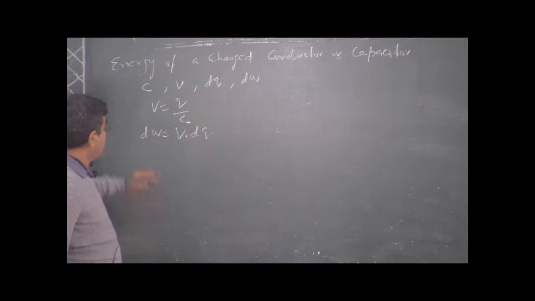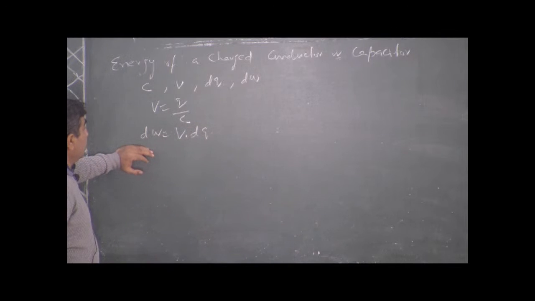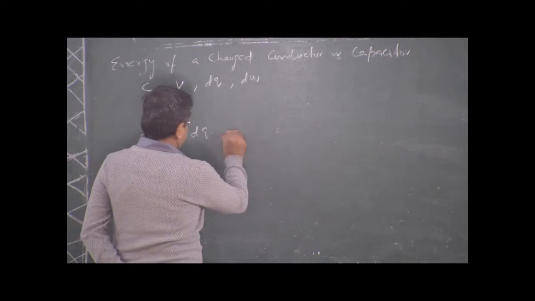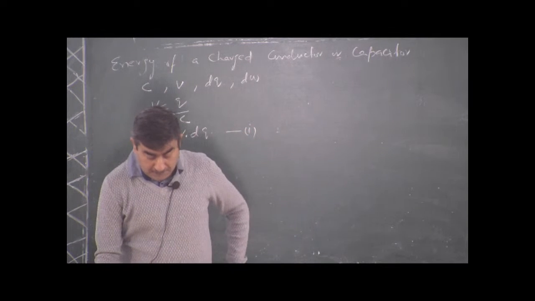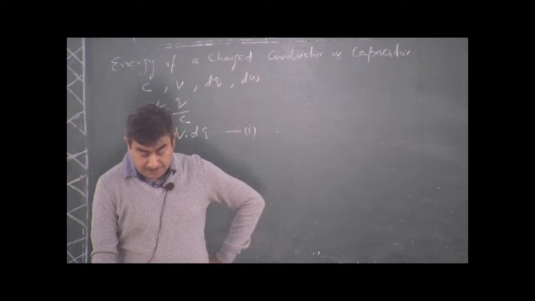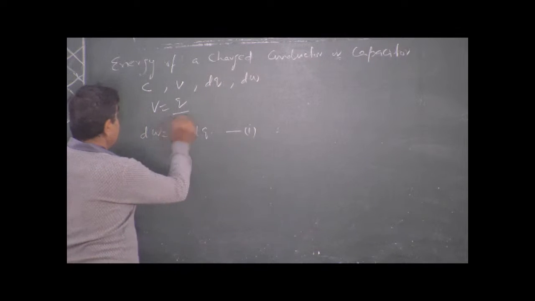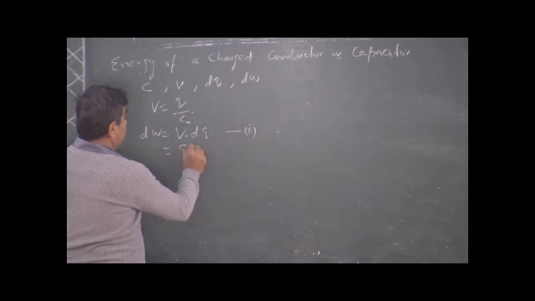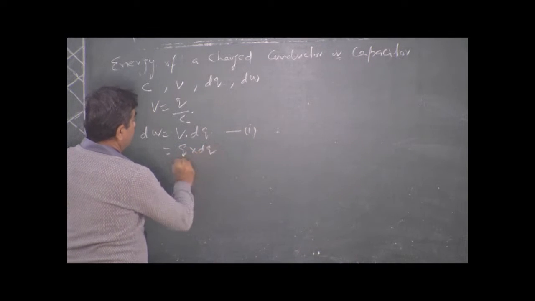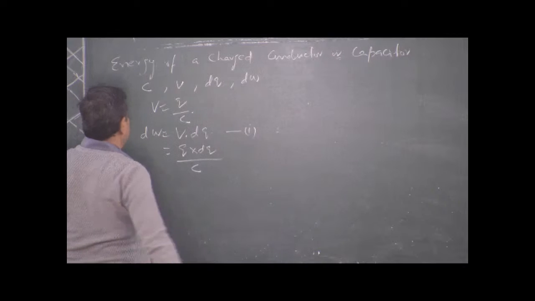The small work done in bringing the charge dq against already existing charge will be equal to V into dq. Or it is equal to, now V is equal to Q upon C, so it will be equal to Q dq upon C.